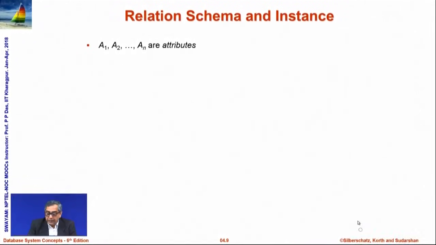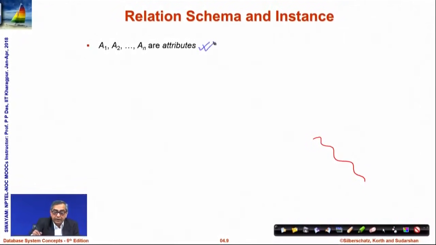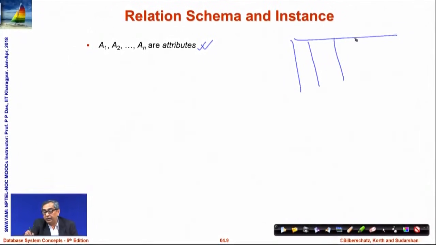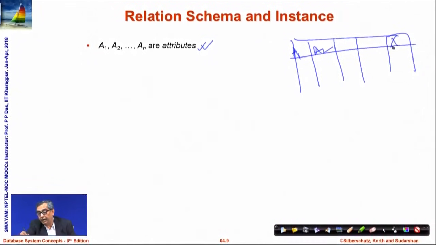So, these are the different attributes that it will have. If I have this, then it basically means that I have a table where these are the columns A1, A2, An like this. Okay.